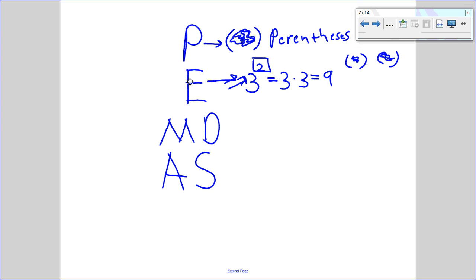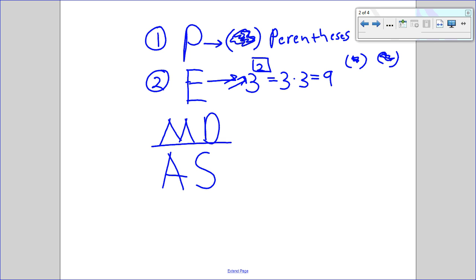So once you're done with all your parentheses, you've gotten rid of your parentheses, you've done everything inside, then you move on to any exponents. You go ahead and evaluate those exponents. Then multiplication and or division. Okay?